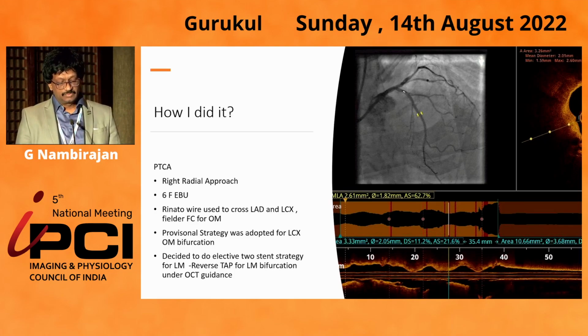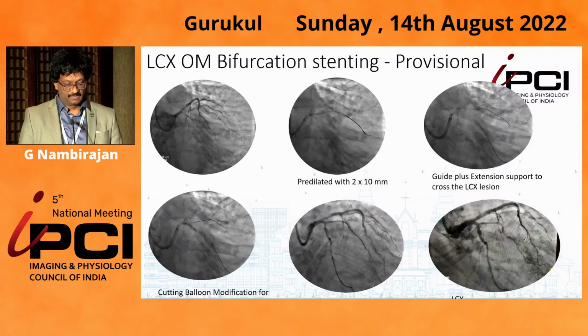We wanted to use one of the new techniques proposed for bifurcation, the reverse TAP technique. So we started with the LCX OM bifurcation. We pre-dilated with a 2x10 balloon. There was difficulty in getting the wire into the distal LCX, so we took the help of a Filter FC and wired both the LCX and OM.